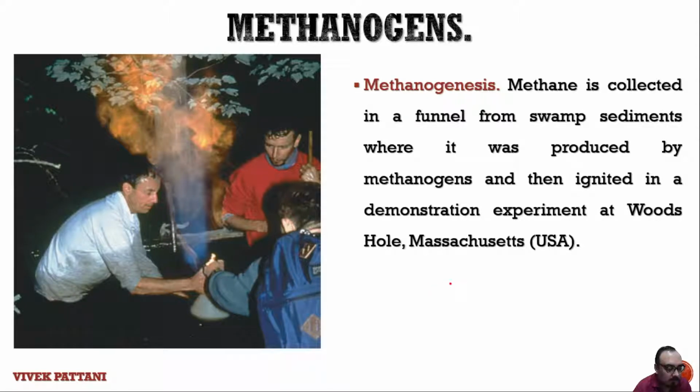The cell wall of Methanosarcina barkeri consists of a polysaccharide composed of uronic acids, neutral sugars, and even amino acids. As I told you, we are still not able to isolate a colony of a methanogen.